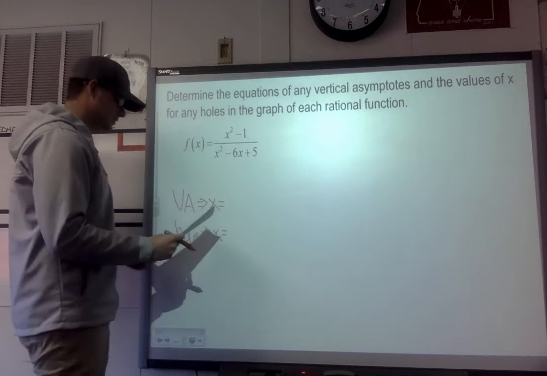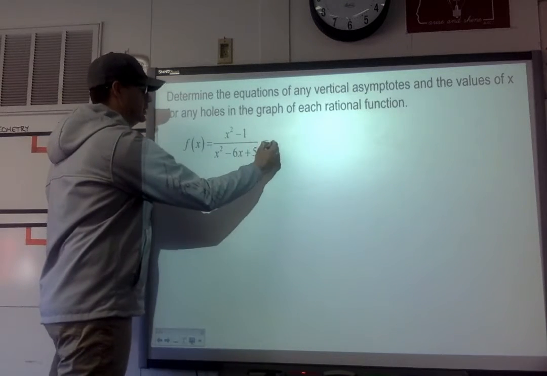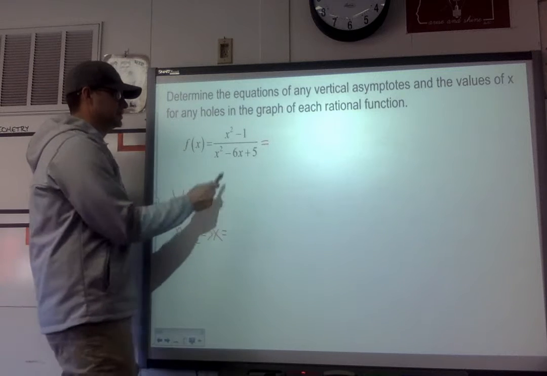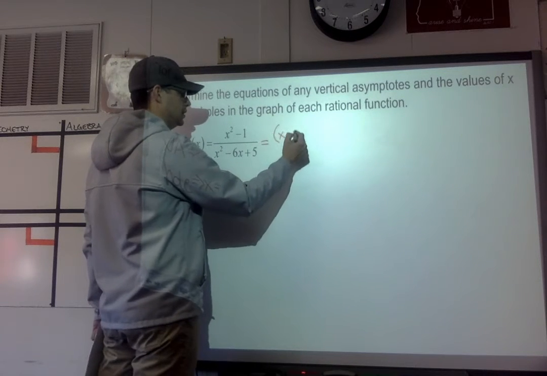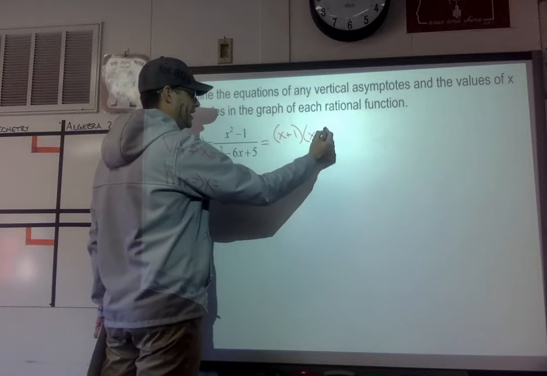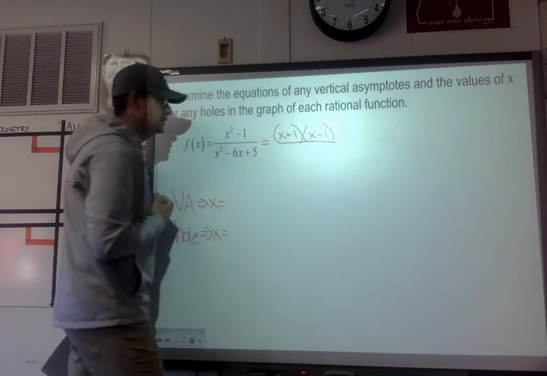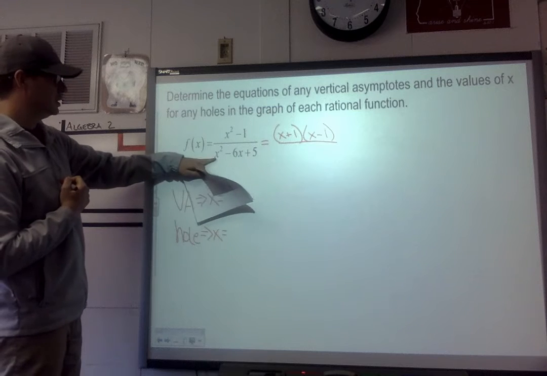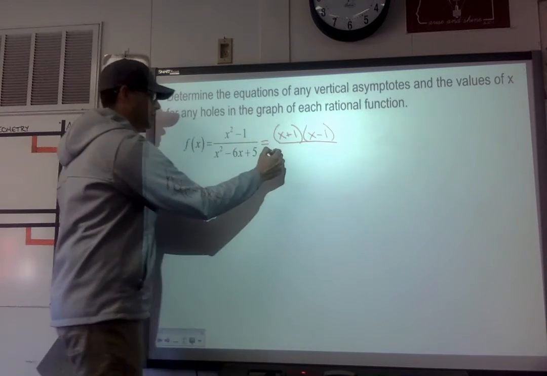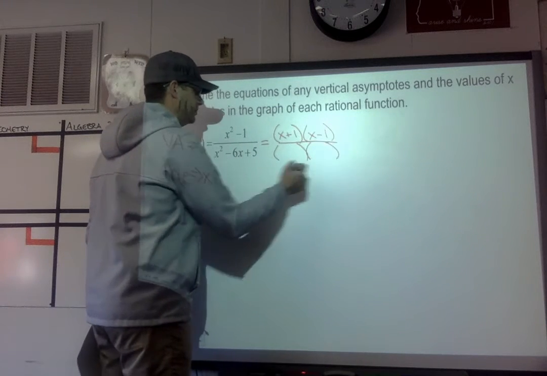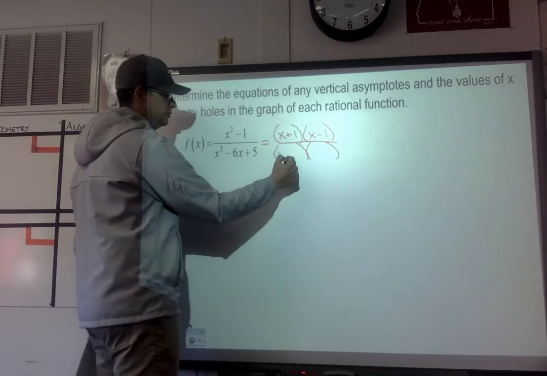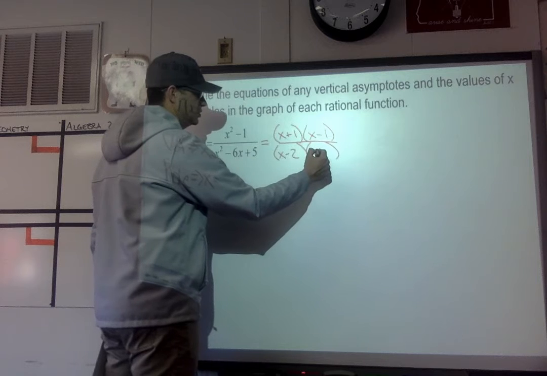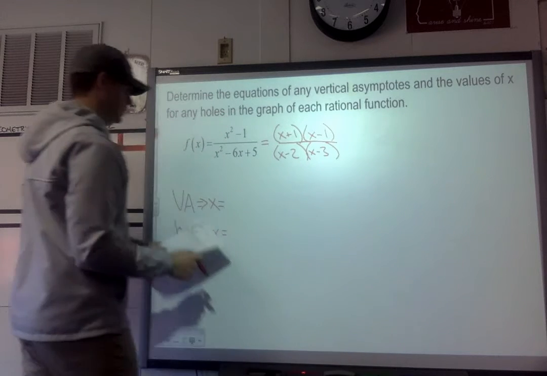So in order to do this, the first thing we need to do is factor this as much as possible. X squared minus 1, we've got a difference of squares. So this will factor out to x plus 1 times x minus 1. In the bottom, we need to come up with two numbers that multiply to 5 and add to -6.